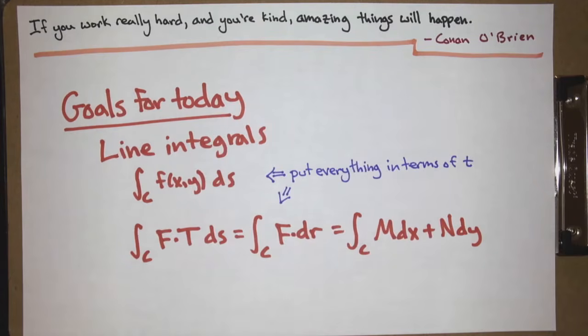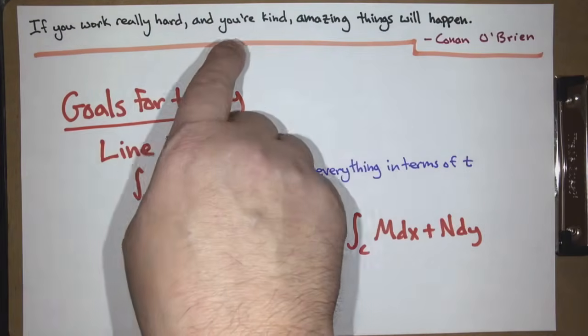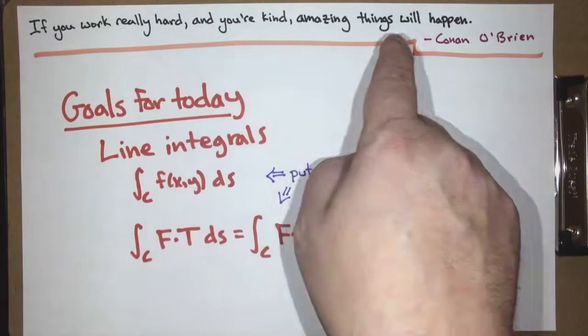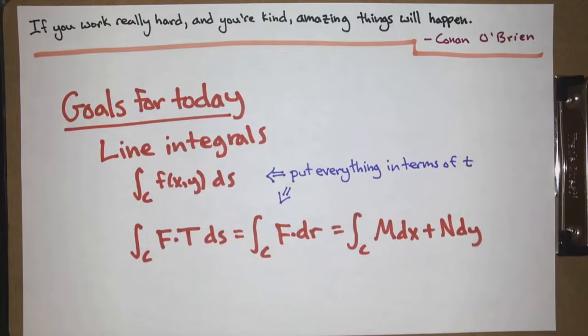And he says the following: if you work really hard and you're kind, amazing things will happen. I think this is great advice. I like this. Now, of course, notice he doesn't say you'll get rich, but amazing things will happen, and I do like that.